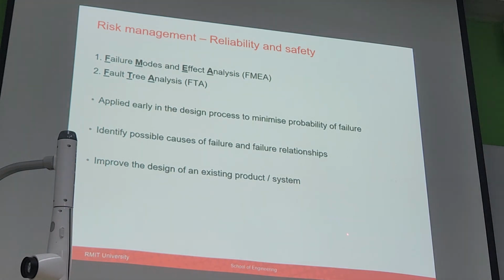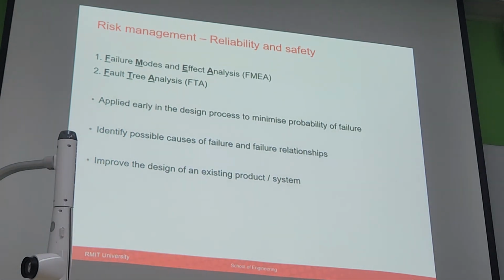We have to find the failure. Maybe it happened, and then we try to minimize it. Definitely it's not possible to say we don't have any failure, that the failure is 0. So we have to talk about minimizing it.